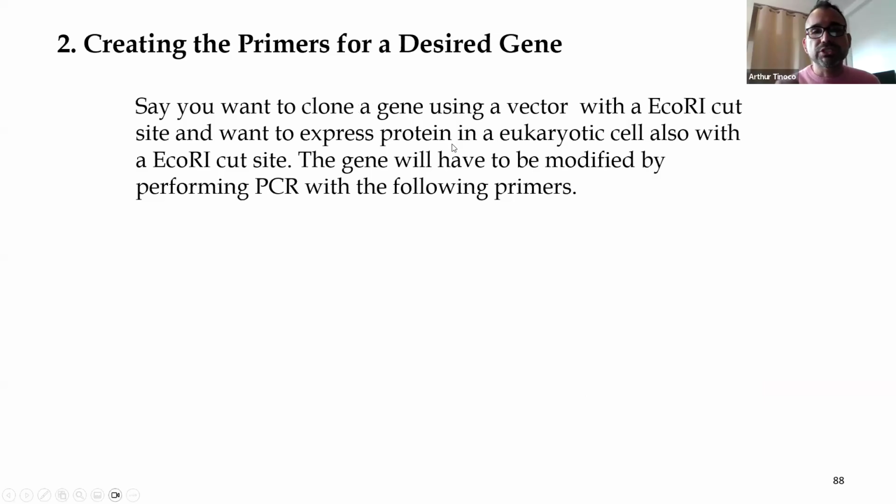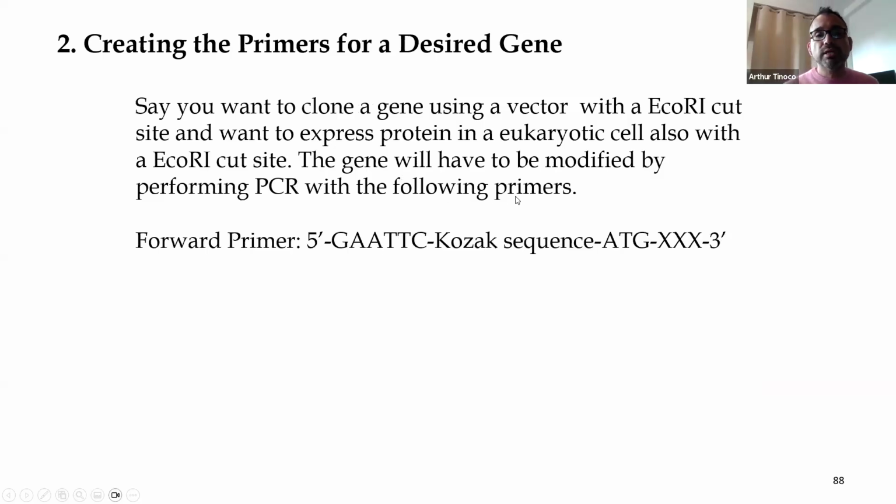So say you want to clone a gene using a vector with an E-coli cut site and want to express protein in a eukaryotic cell also with an E-coli cut site. The gene will have to be modified by performing PCR with the following primers. So we're trying to introduce into the protein this particular cut.